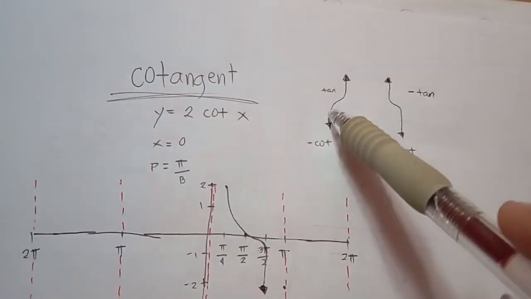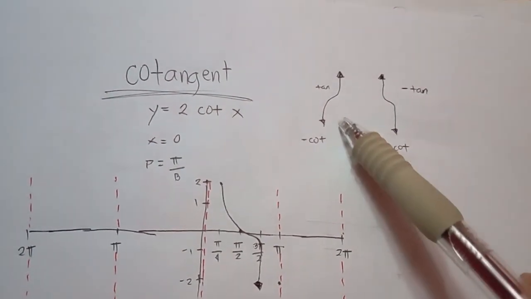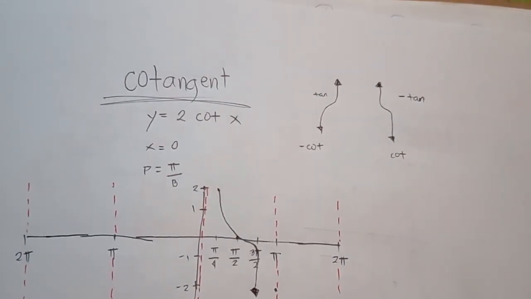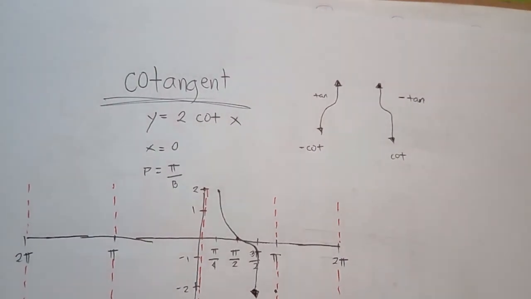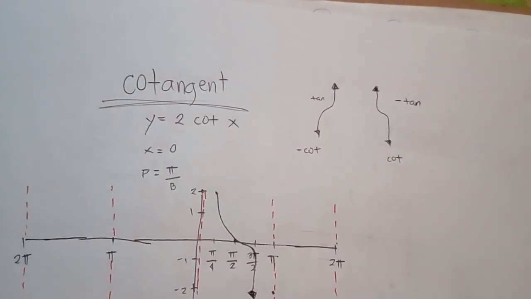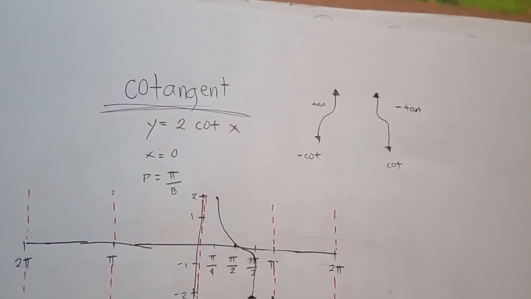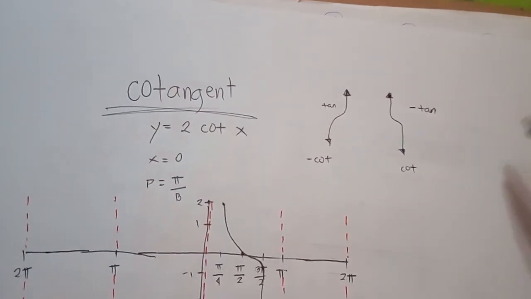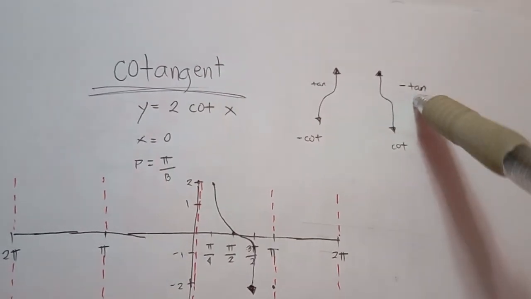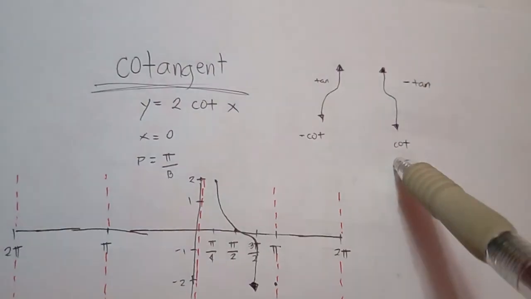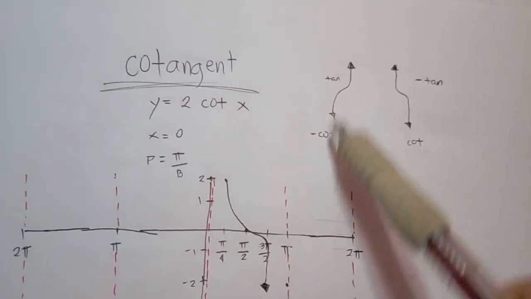It looks like this. Cotangent looks very similar to negative tan, or negative cotangent is similar to positive tan. So positive cotangent is a decreasing function. If it's negative in tangent, it becomes positive in cotangent. If it's positive in tangent, it becomes negative in cotangent.